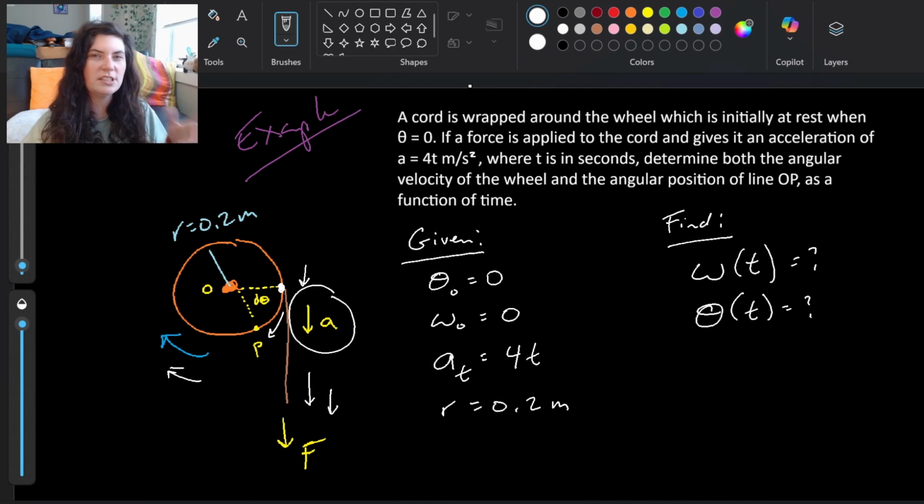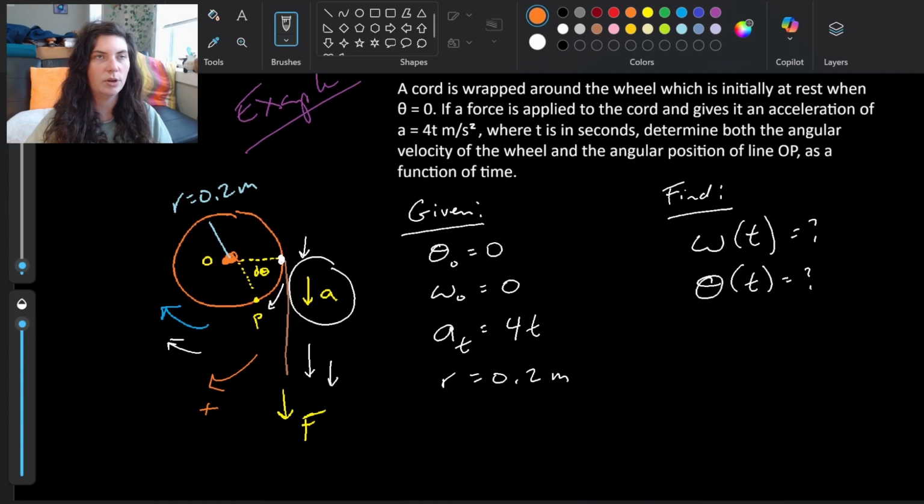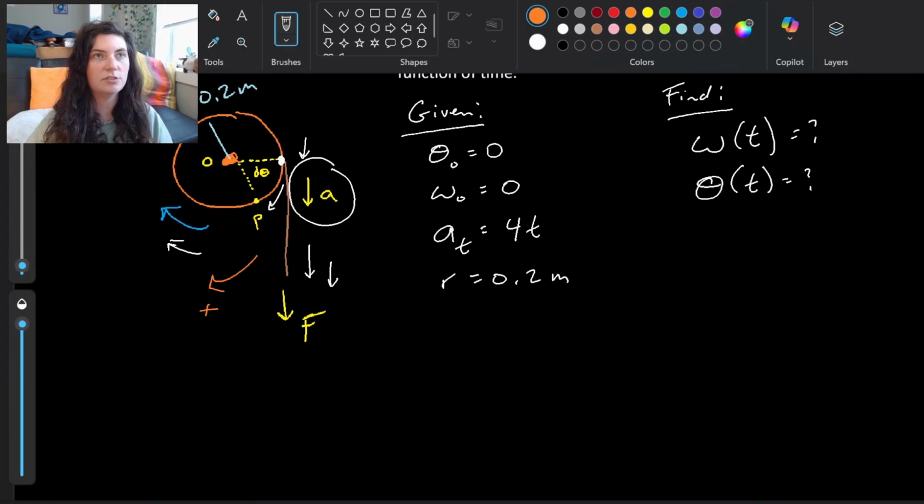So the first thing that we're going to want to do is make sure that we know what our positive direction is. Establish a positive sense of direction of rotation. So we're going to just say this way that it's rotating, that's going to be our positive direction. And we're going to use that along with all of this information that we've been given to solve for these angular velocity and angular position.